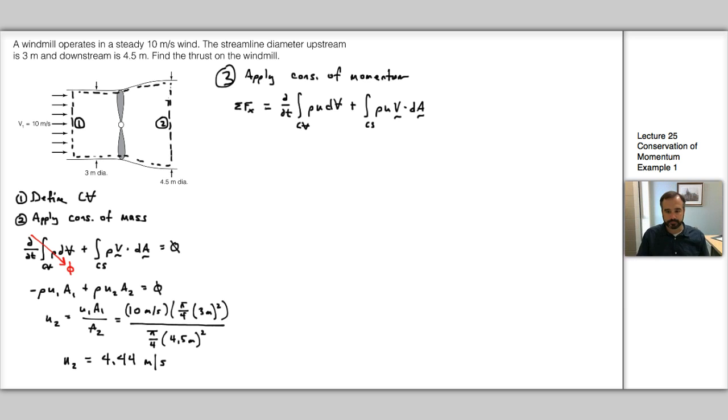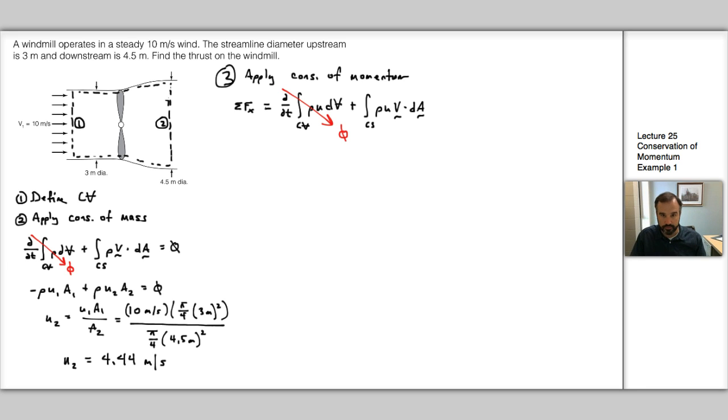Okay? We're told again that the flow is steady in the problem statement, so this term goes to 0. And so we just have the sum of the forces in the x direction is equal to the flux across the two boundaries, okay? So we can do that pretty straightforward.